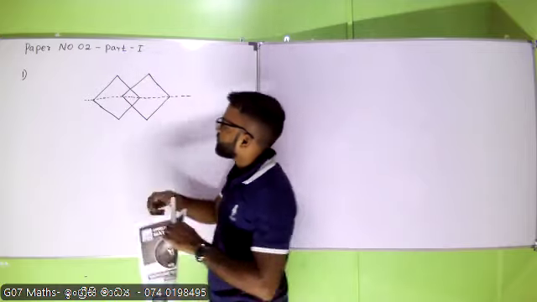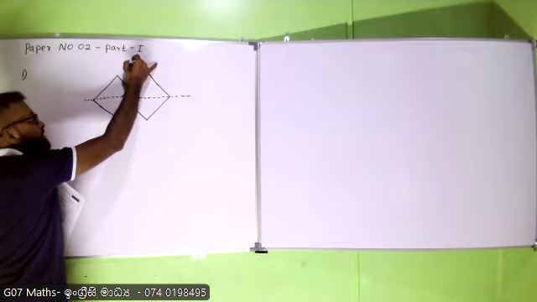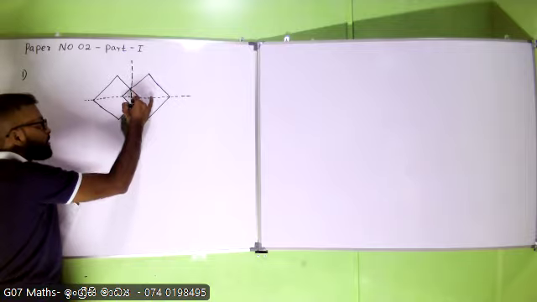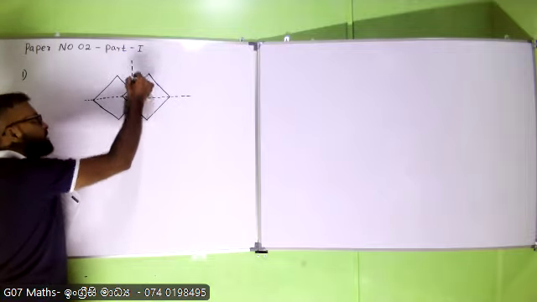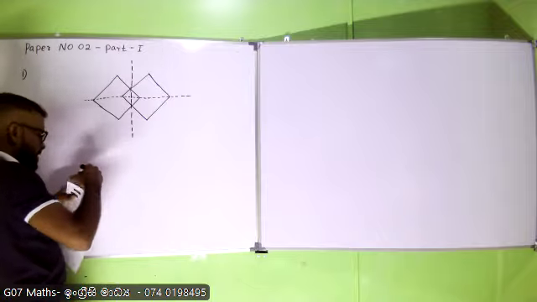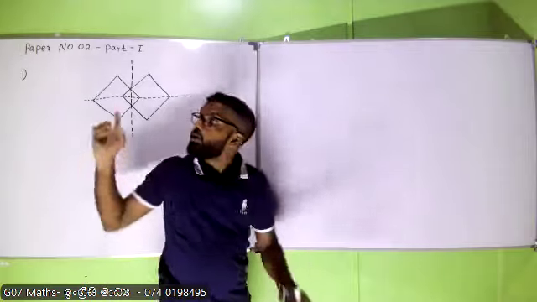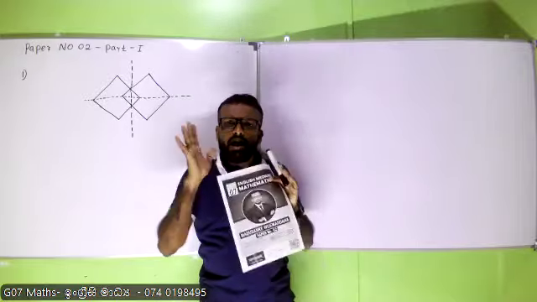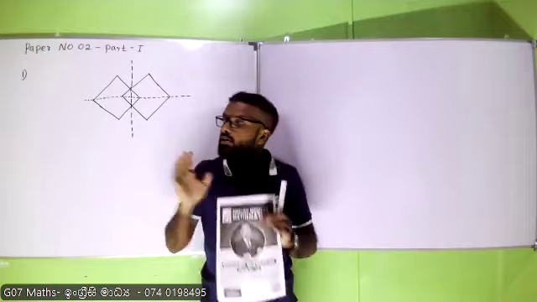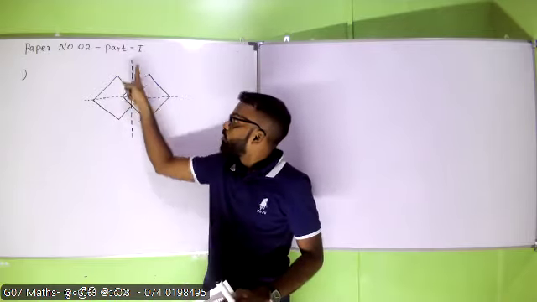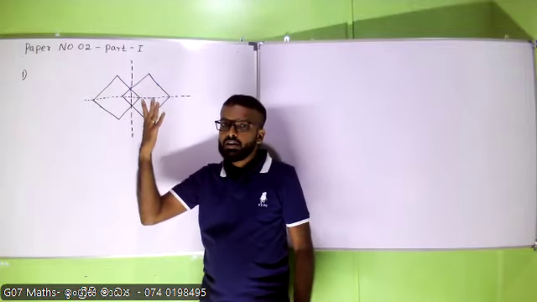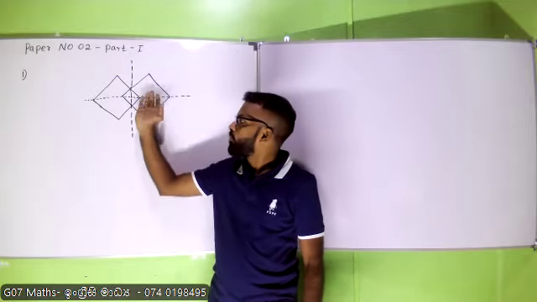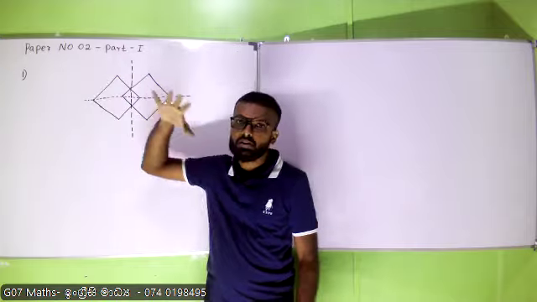Like I explained earlier, around this vertical symmetrical axis you can fold your figure exactly into two parts, and both parts coincide with each other, lying on top of each other.